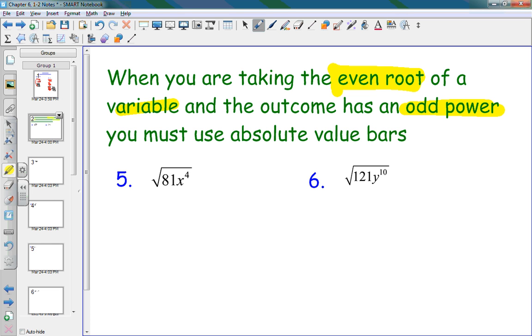Outcome, what's outcome? What does that mean? The result of a calculation, right? The result of a calculation would be the outcome. When the outcome has an odd power, that means you have to use absolute value bars. I'll give you guys a moment to copy that down before I explain further.